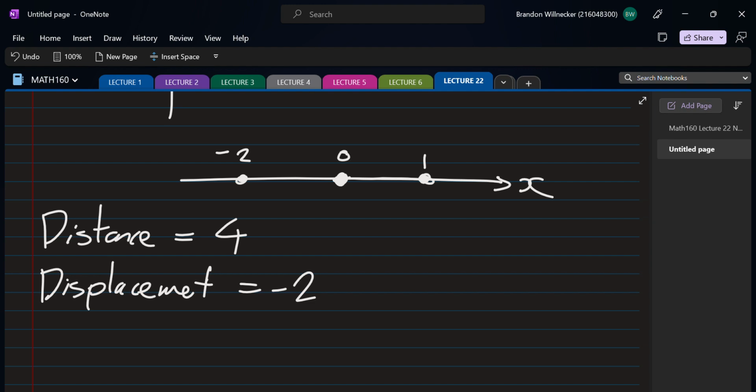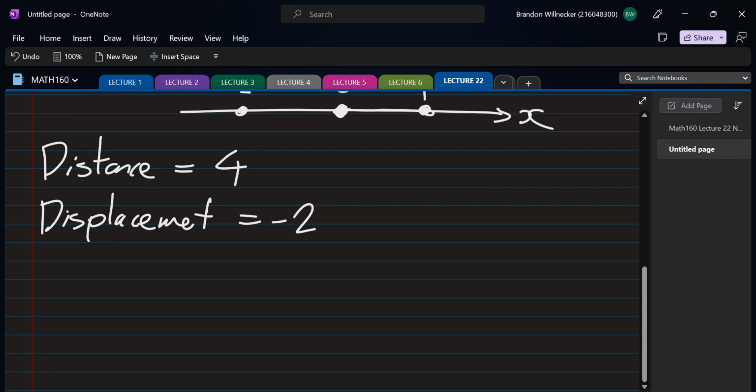That's how you get your speed, distance over time. What about your velocity? Velocity is not distance over time, it's displacement over time. So your velocity will be negative if you're going in the negative direction. Your velocity will be positive if you're going in the positive direction. It goes with the displacement, whether it's positive or negative.